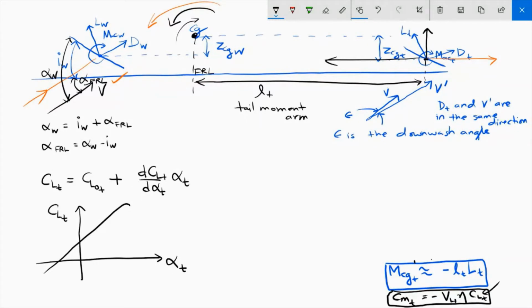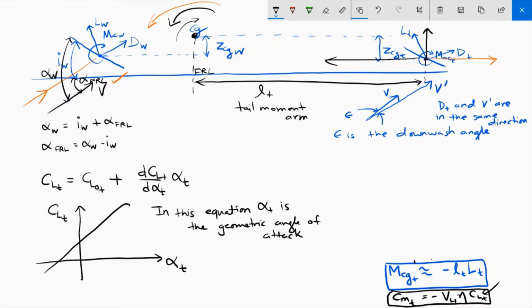Now here, when I write the equation like this, the alpha that is written here is called the geometric angle of attack. So in this equation, alpha t is the geometric angle of attack. Now I could also write the equation in terms of the absolute angle of attack.